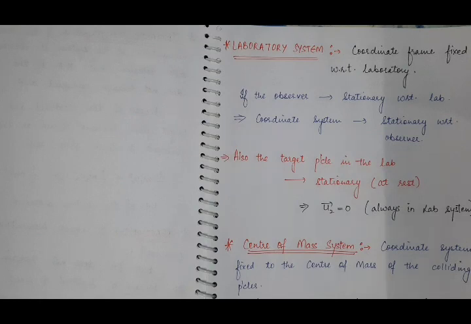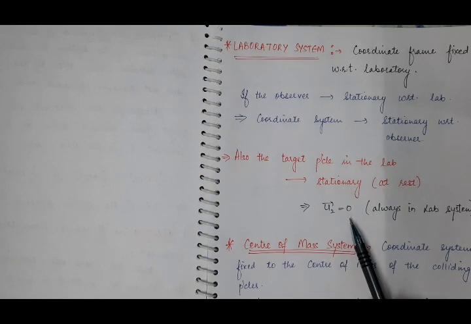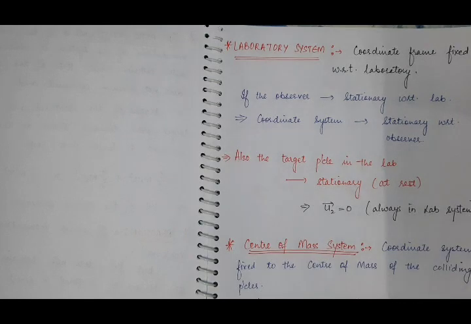And stationary means the target particle will be at rest with respect to the coordinate system. So its initial velocity, that is u2 before collision, will be 0, always in the lab system. So the target particle is always at rest in the lab system, and we consider that it is placed at the origin of the lab system, or the origin of the coordinate system which we have taken in the lab frame.